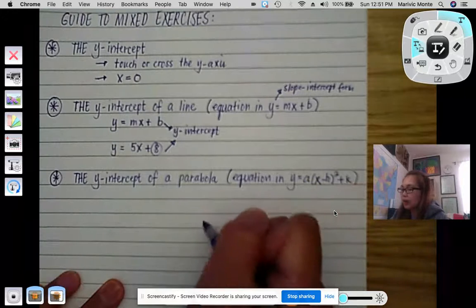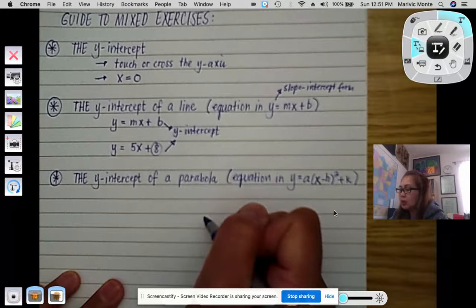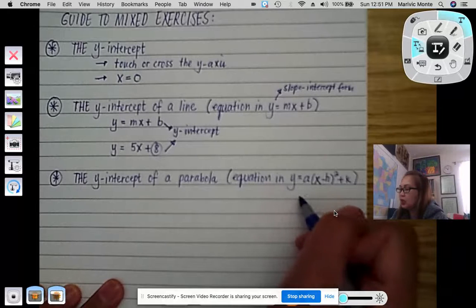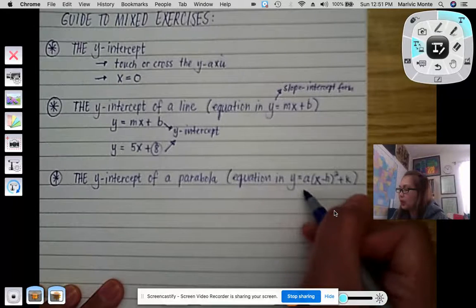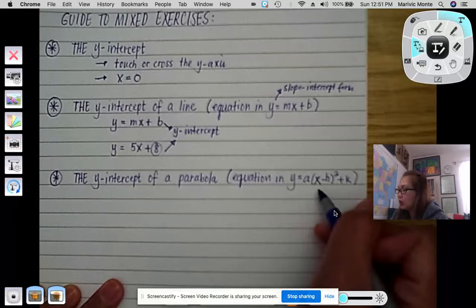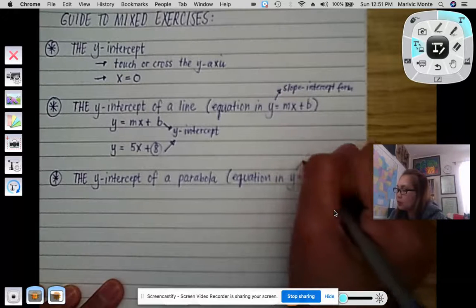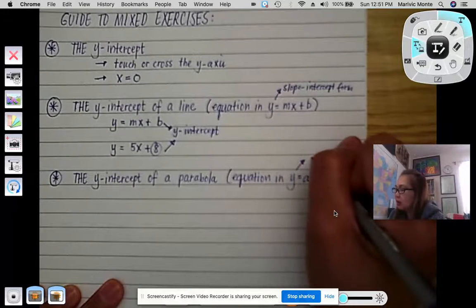In the case of a parabola, specifically an equation in vertex form, y equals a times the quantity x minus h squared plus k. This is the vertex form.